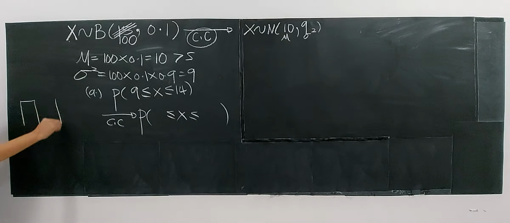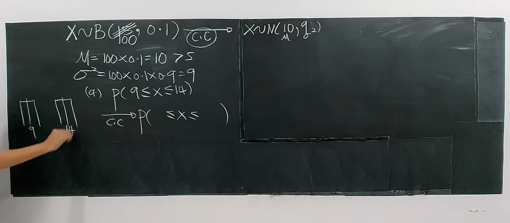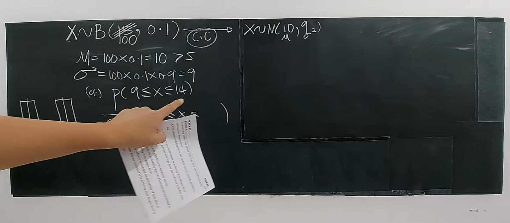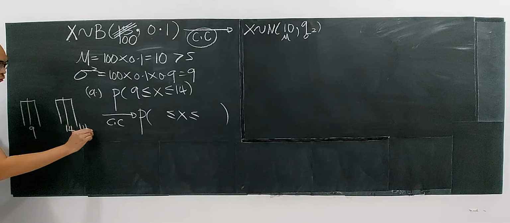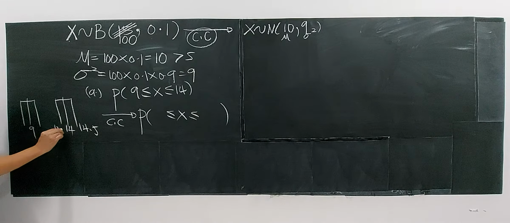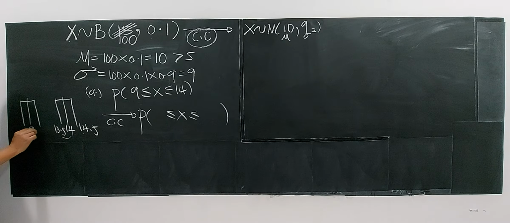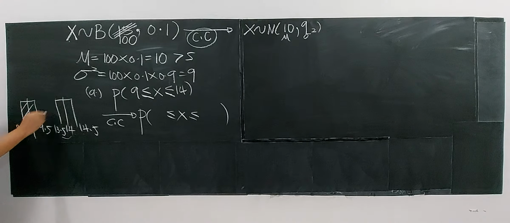We have to use some method here. We draw a box. So you have 9 and you have the value of 14, between 9 and 14. So here you have 14.5 and here you have 13.5 because you add 0.5 or minus 0.5. This one, you add 0.5, 9.5, or 8.5. There is an equal sign here, which means that we will include this region here.